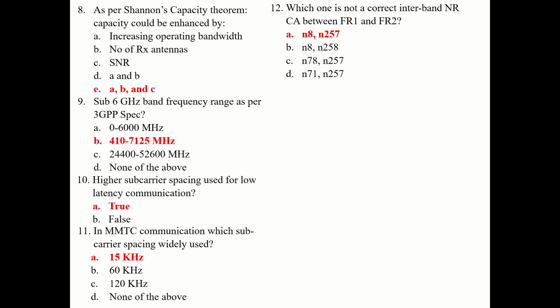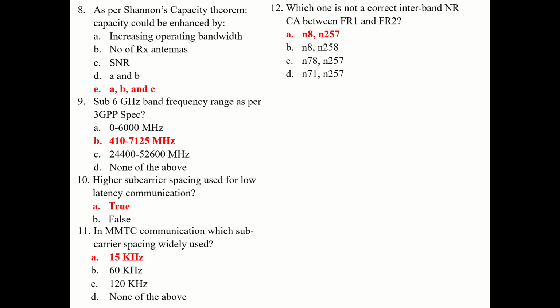Next is which one is not a correct inter-band NR combination. There are NR combinations like FR1 and FR2, and carrier aggregation bands are specified in the spec. In FR1 and FR2 you can have only a few band combinations, due to various reasons like antenna design and RF front end design.